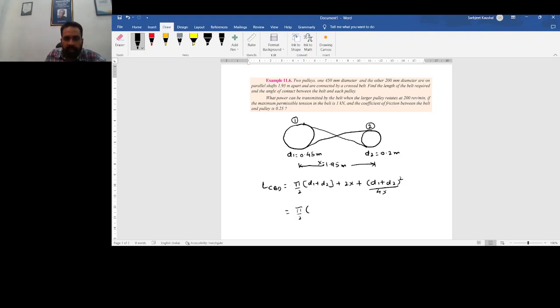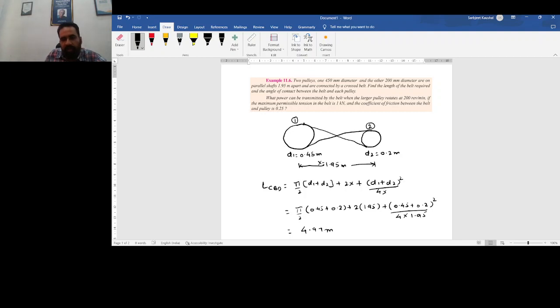Pi by 2, d1 is 0.45, d2 is 0.2 meter, x is 1.95, plus (0.45 plus 0.2) whole square divided by 4 into 1.95. After calculating this value, we get the length of the cross belt drive as 4.977 meter.